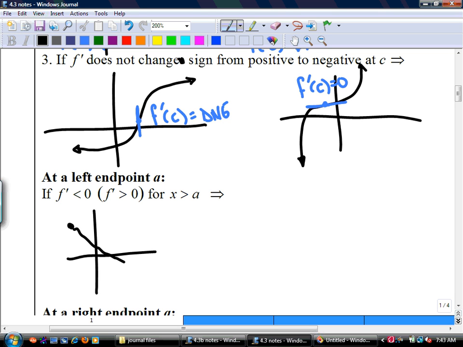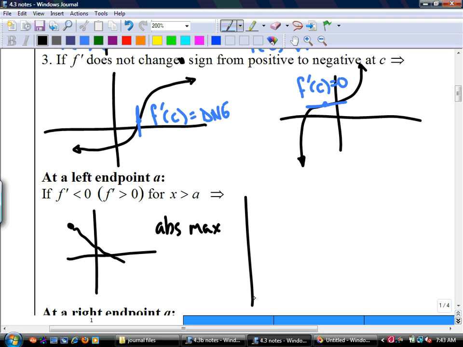What are you guaranteeing? Anything? Guaranteed absolute max? Could be an absolute max. Doesn't guarantee it. Just says there could be. So that's f prime of x less than 0. It could be an absolute max.